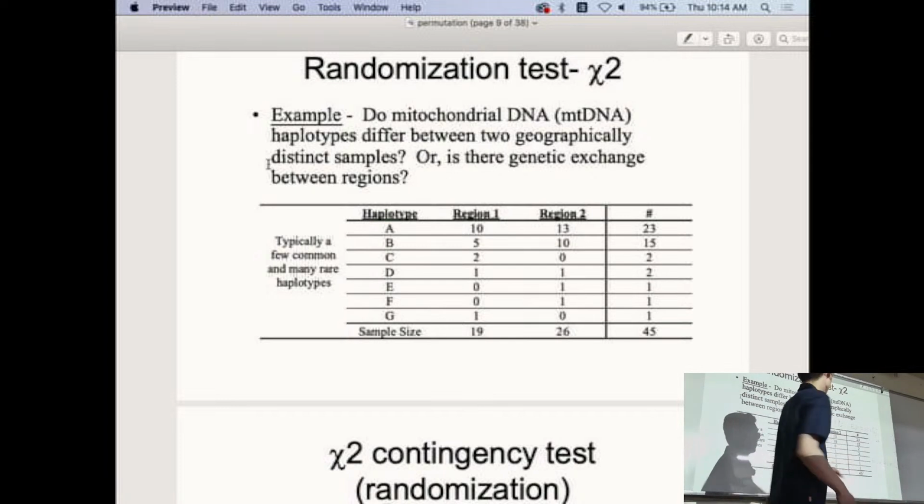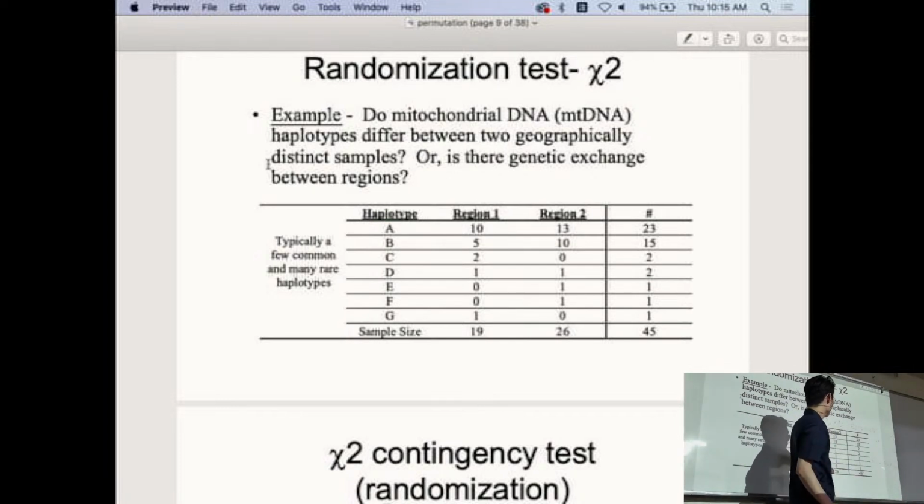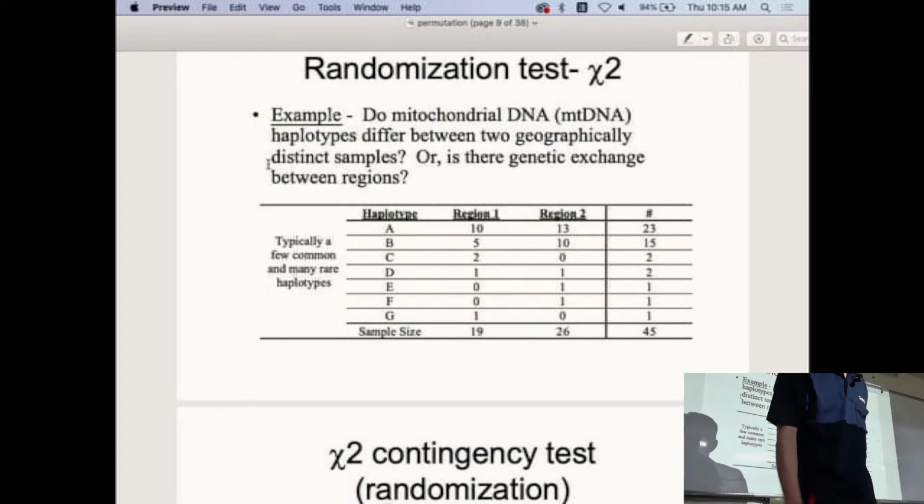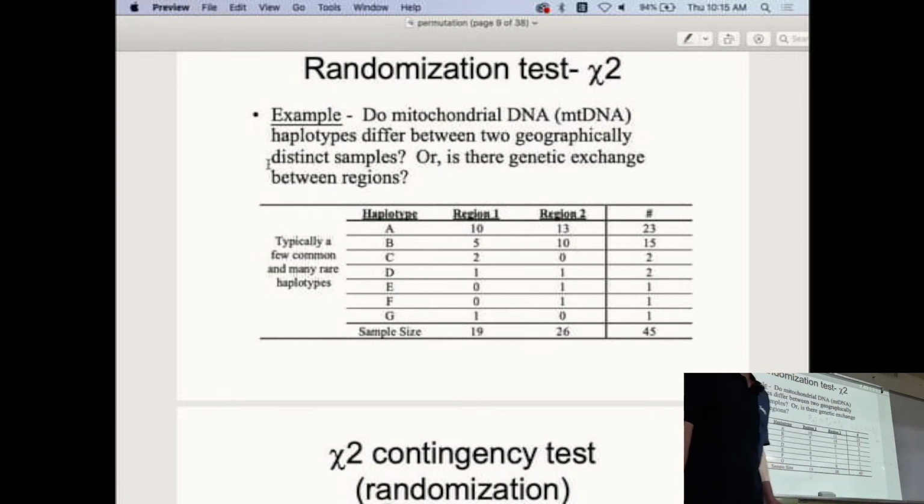That's the expected number for this cell. And for this one, again, this number multiplied with this number divided by 45. That's the expected number for every cell, and can be calculated this way, following the null hypothesis of independence.